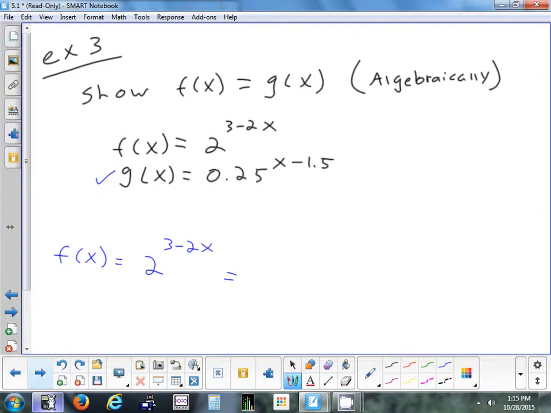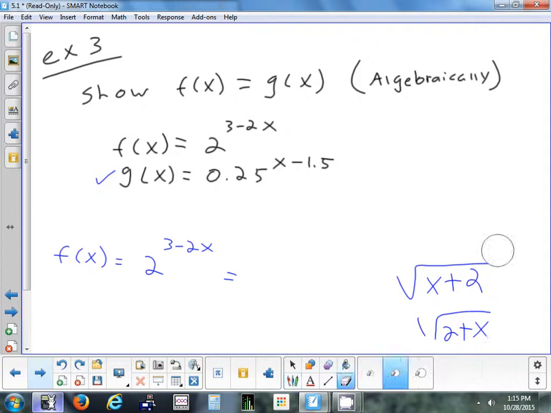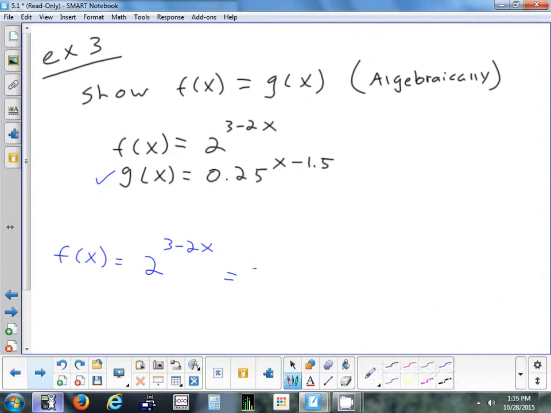Yeah, we prefer the x to be first, not last. Just like when we do square root functions. We write this. We don't normally write it like that. x always before your number. Right, so Andrew, can you rewrite that for me so x comes before the number? 2 to the negative 2x plus 3. Good. 2 to the negative 2x plus 3.